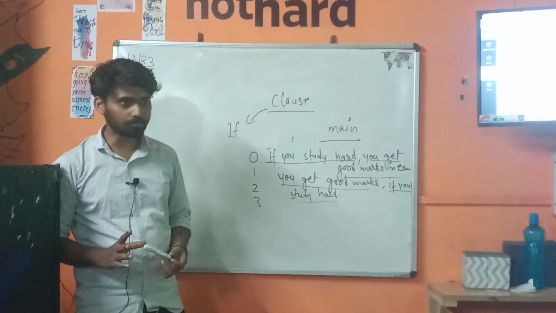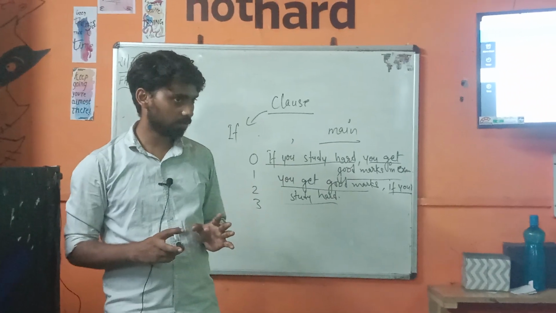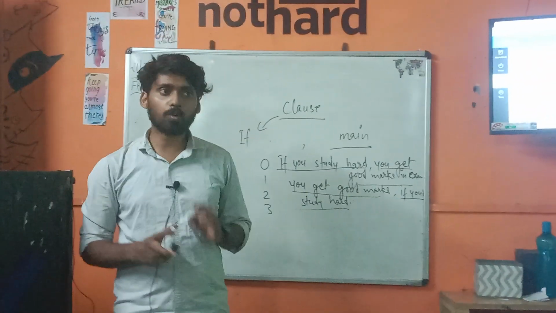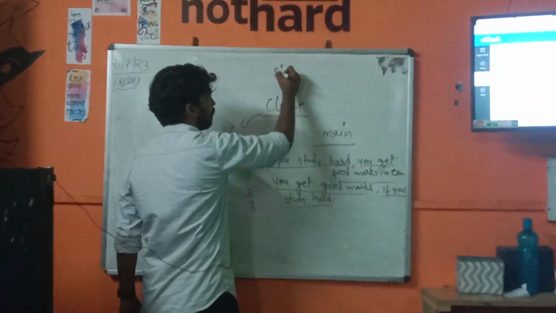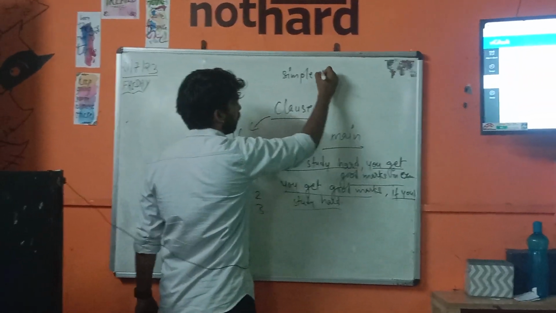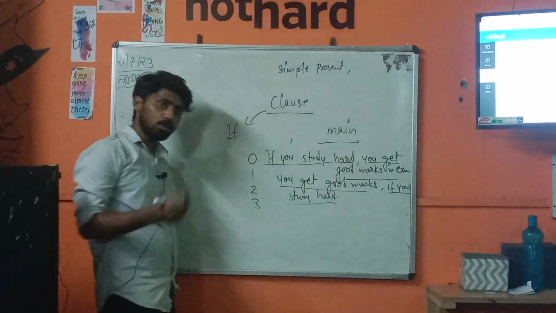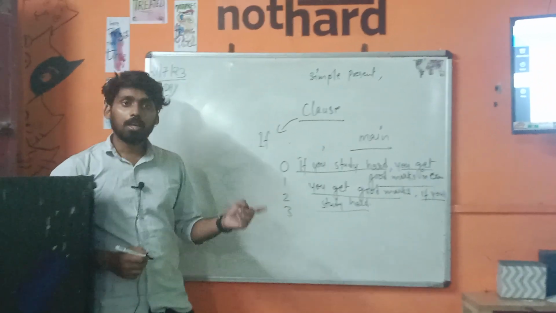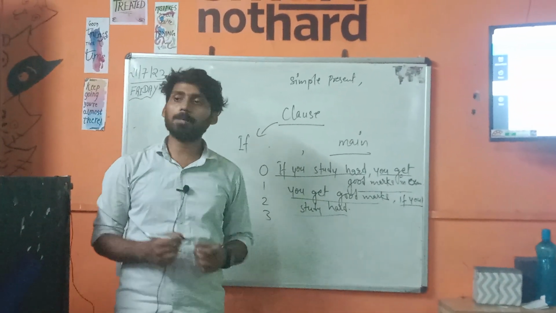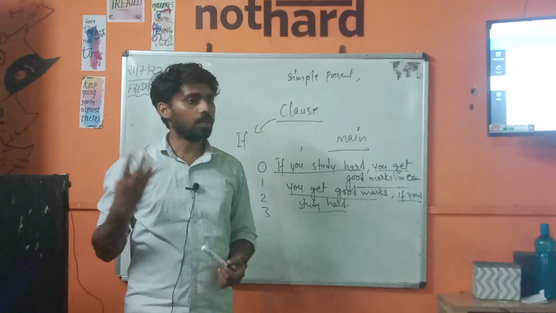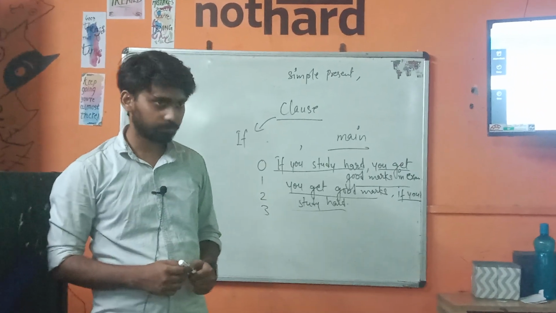Clear? And in zero condition, we talk about facts, okay, and that's why we use simple present tense. In if clause also we use simple present. In main clause also we use simple present, okay. And simple present talks about habits, daily routine, okay, and universal fact.